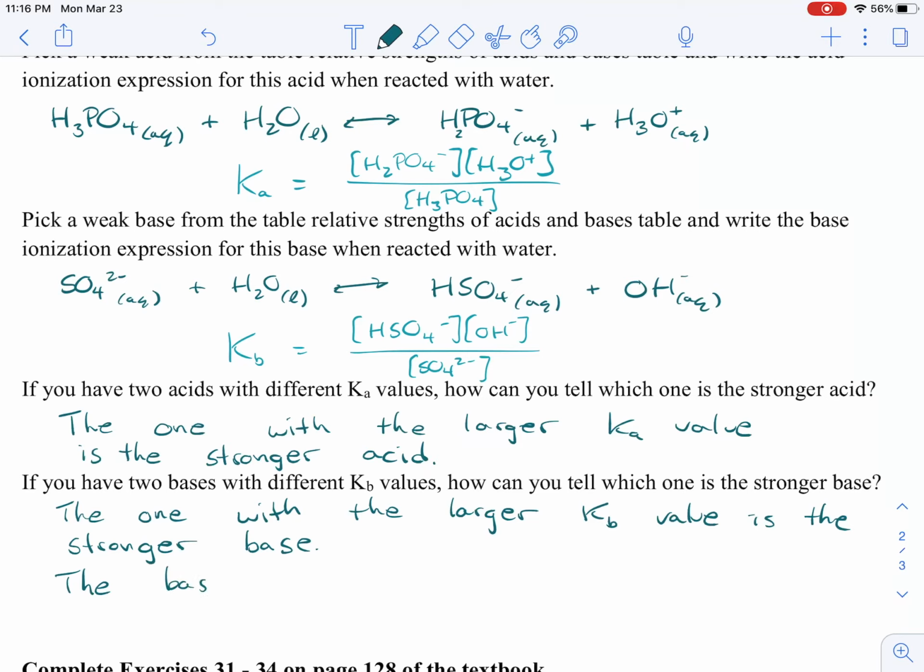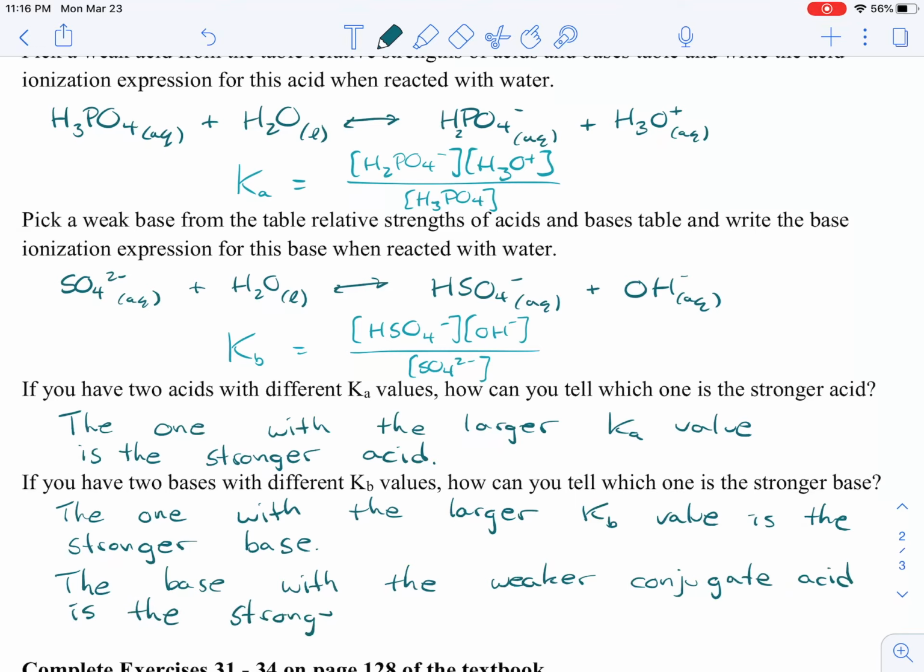In other words, you could say this the same way; it means the same thing: the base with the weaker conjugate acid is the stronger base.